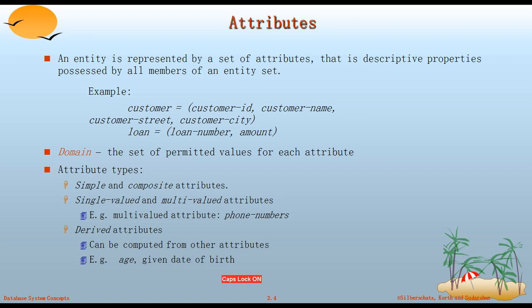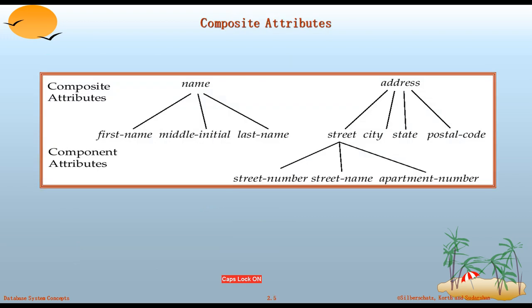This attribute is dependent upon another attribute. For example, age depends upon the date of birth attribute, so age is a derived attribute. These are some of the types of attributes. Here we see composite attributes. Name is a composite attribute, since it can be divided further into first name, middle name and last name.